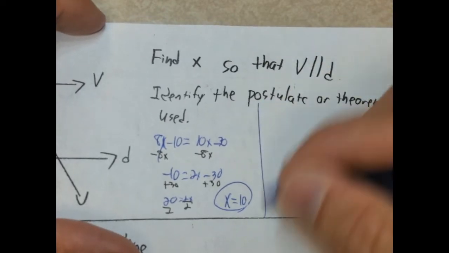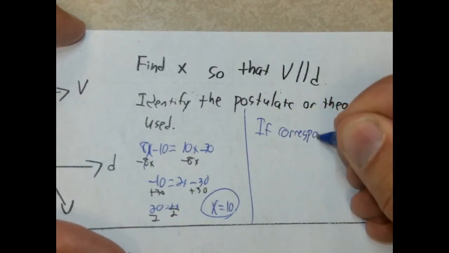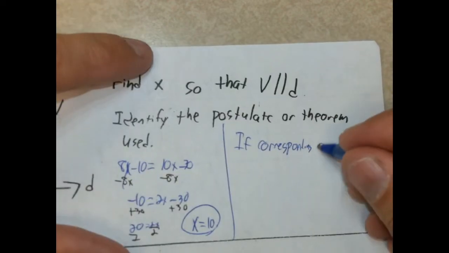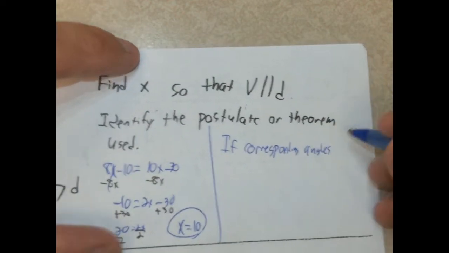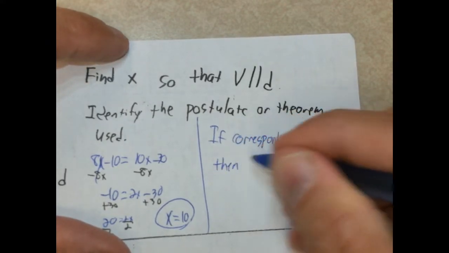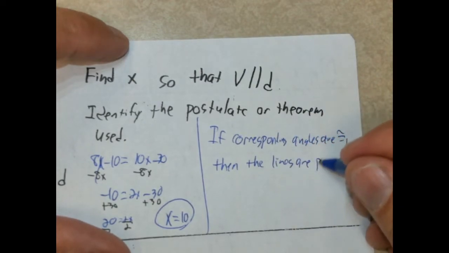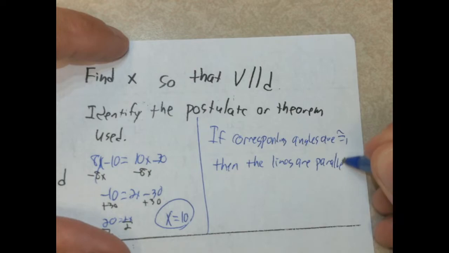If corresponding angles are congruent, then the lines are parallel. Okay.